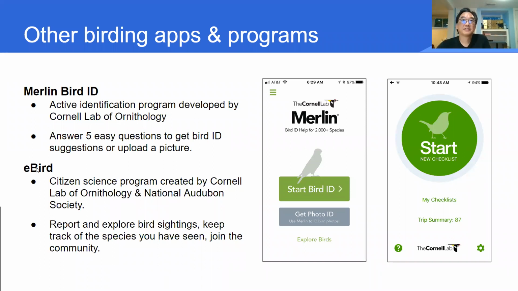eBird, on the right, is a citizen science program created by the Cornell Lab of Ornithology and National Audubon back in 2002. At its basic level, it's a great way for you to keep track of your personal sightings.